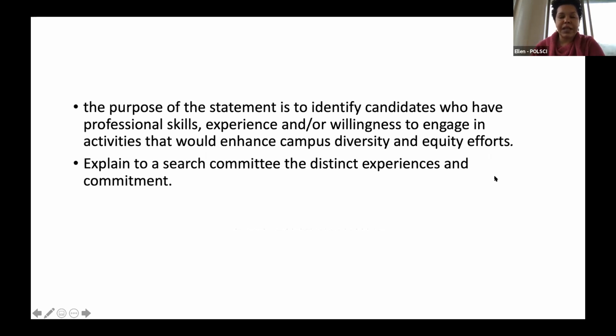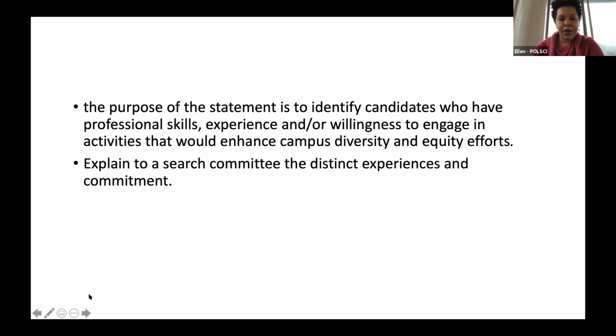The purpose of this statement is to identify candidates who have professional skills, experience, or willingness to engage in activities that would enhance campus diversity and equity efforts. Overall, the goal is to explain to a search committee the distinct experiences and commitments that you have had as a candidate for this position.